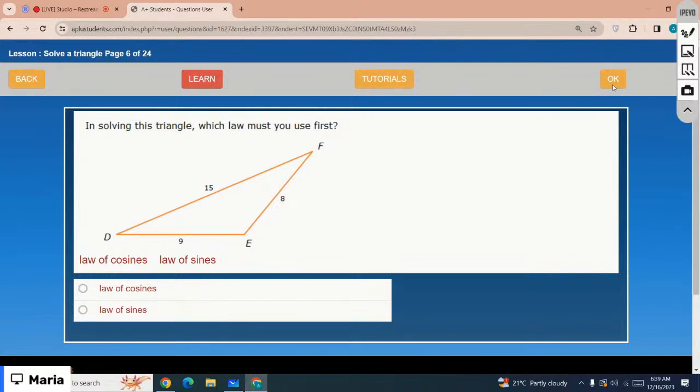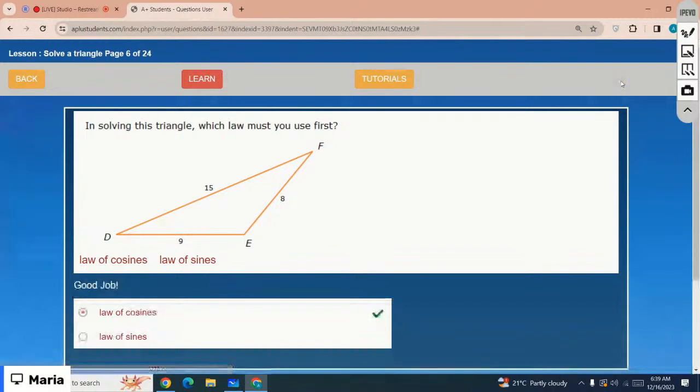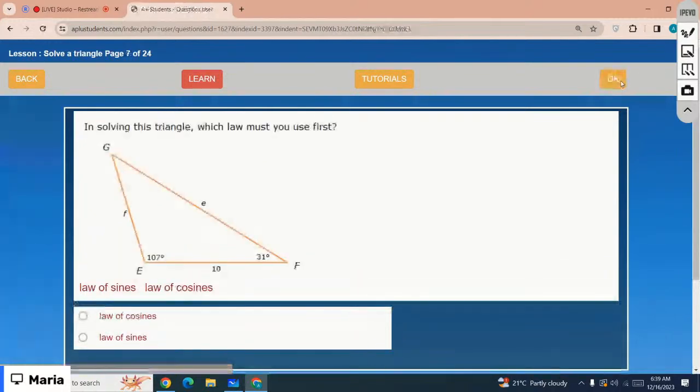Yes, again you can use the law of cosine because you are given all three sides. In solving this triangle, which law must you use first?